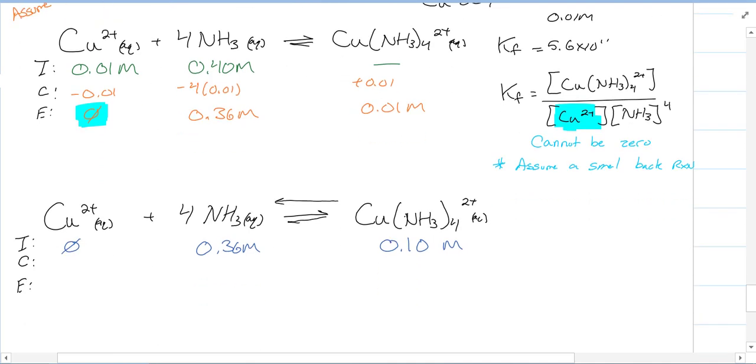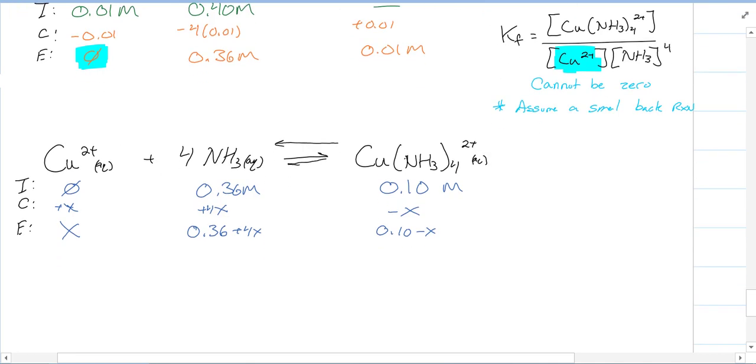I'm going to use X, we haven't used it yet: minus X, plus 4X, and plus X. So we have X, 0.36 plus 4X, and 0.01 minus X. Plug it into the K expression.